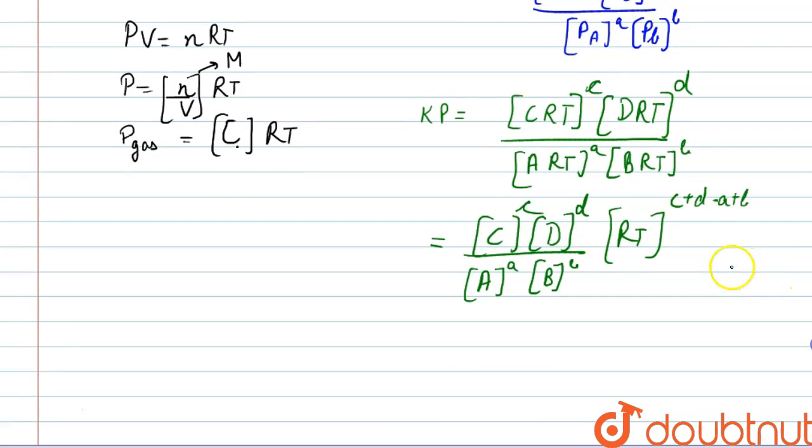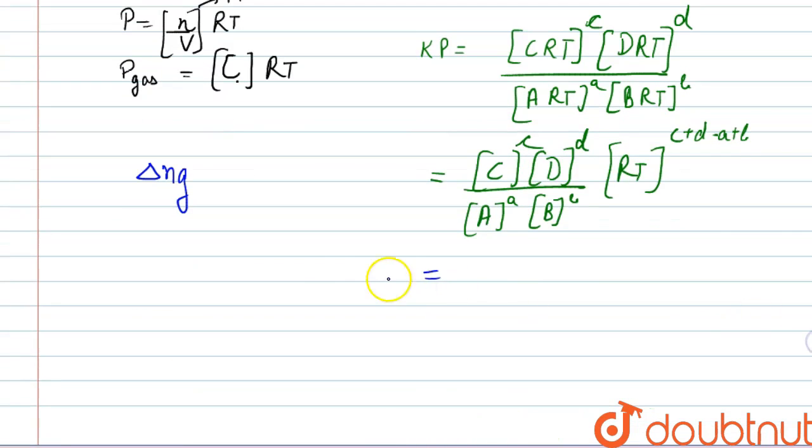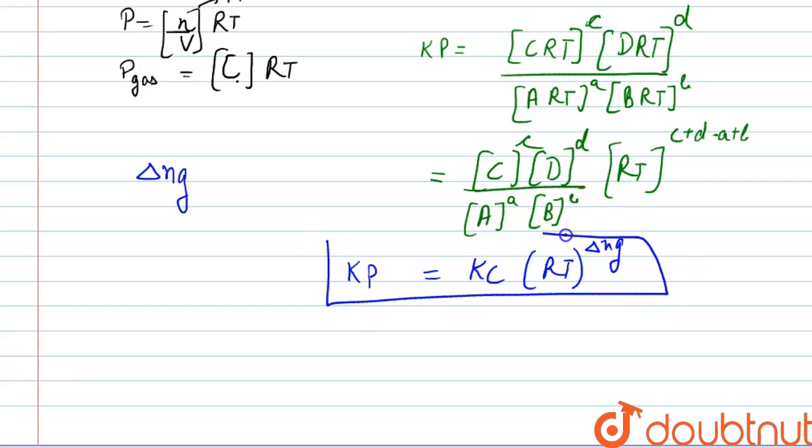Now we can write this c plus d minus a plus b as the difference in the number of gaseous moles, as we are given the reaction is in gaseous state. Also we can see that this is the value for Kc, so Kp will be equal to Kc into RT to the power delta ng. So this will be the relation between Kp and Kc.